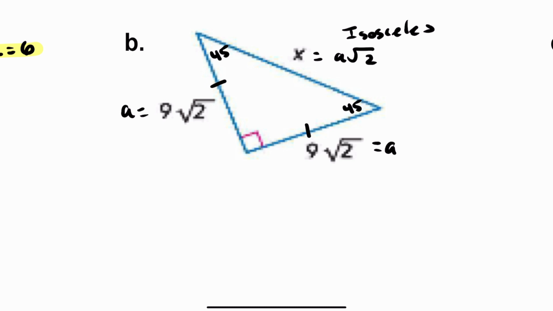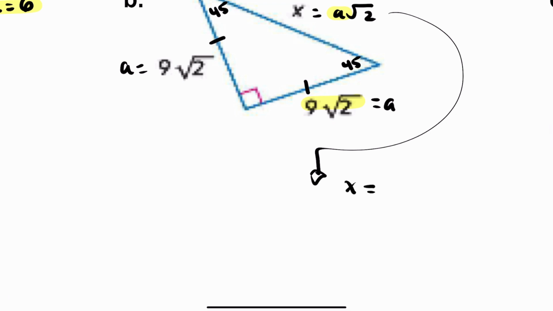So, if we know that A is 9 root 2, right? And this is what I'm trying to find, where currently x is equal to A root 2. Well, if A is 9 root 2, I'm just going to plug that in. So I have currently x equals A root 2. So then x is equal to 9 root 2 times root 2.